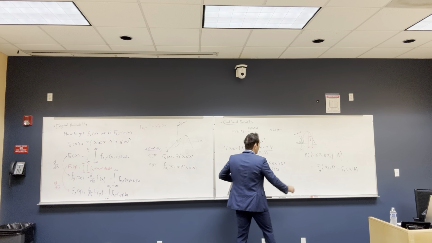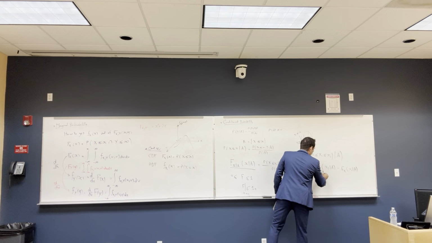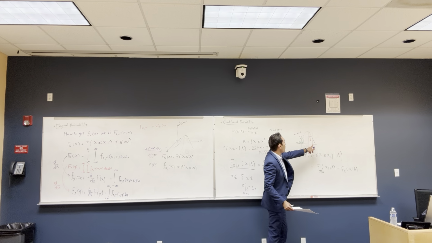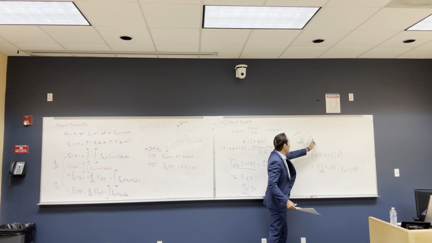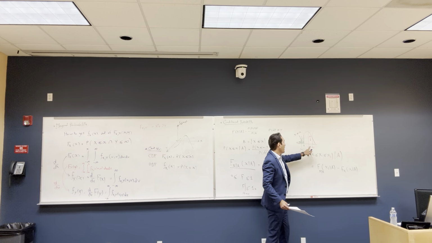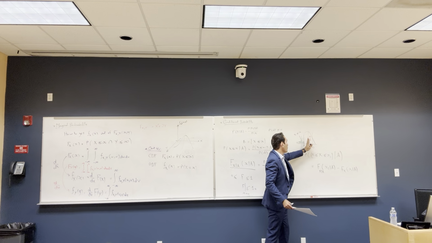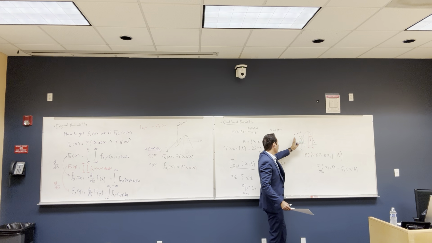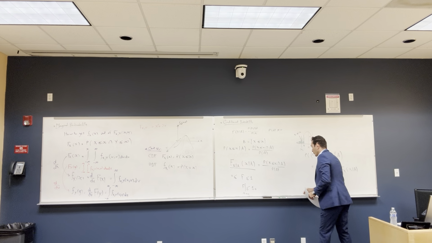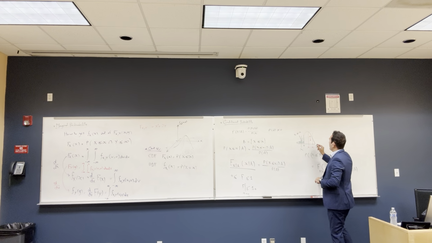You can actually put the condition on A here as well. All right, so what does this mean? F at x2 is going to give you all the area under the curve up to x2, and F at x1 is going to give you the area under the curve up to x1. If you subtract them from each other, it's going to give you the area in between them.